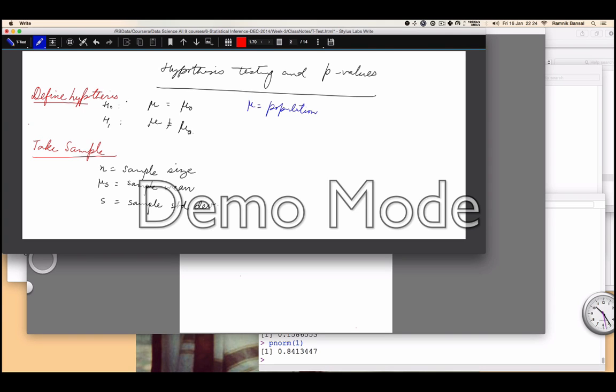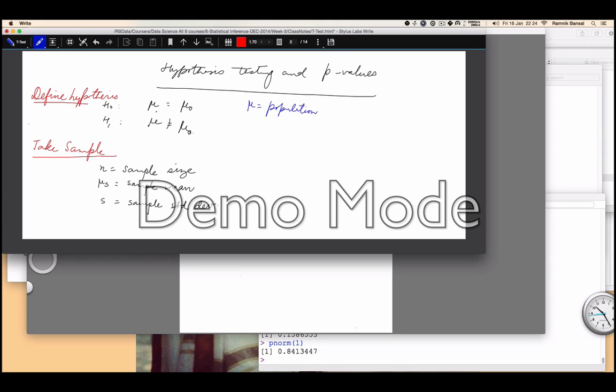Now hypothesis testing and p-values are of interest to me. What am I saying about hypothesis testing? What is a hypothesis? It's like, what am I assuming?